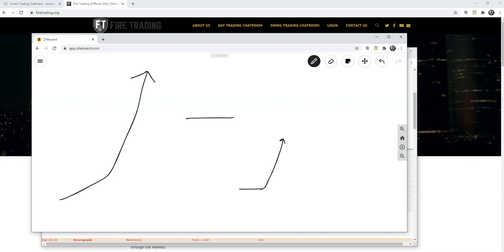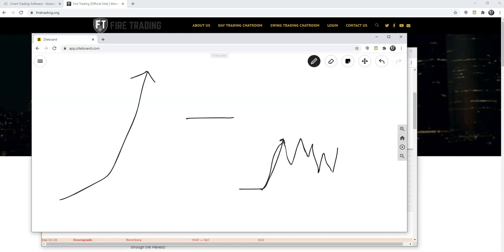Next time that happens, pay attention to the short float, because this is what happens. You'll tend to get a squeeze out of the open. And then every time it tries to pull back, because it's negative news, shorts start covering. Then it pulls back, shorts start covering. Then it pulls back and shorts start covering. So you get really choppy price action when you have a high short float, because every time it pulls back, they're trying to get out.